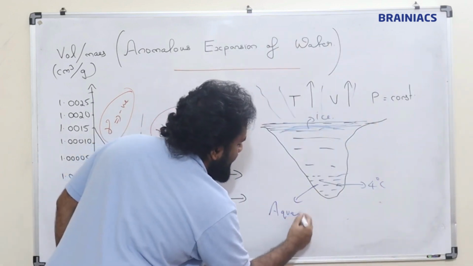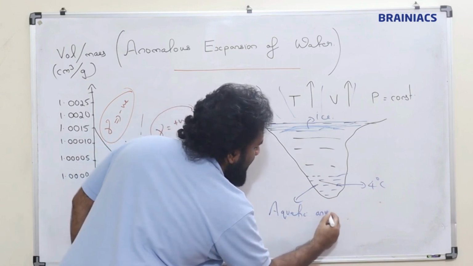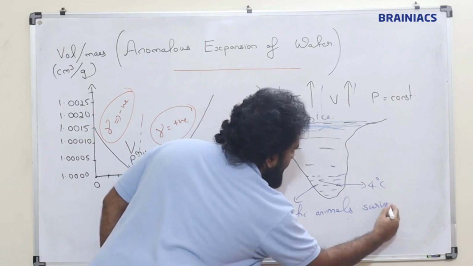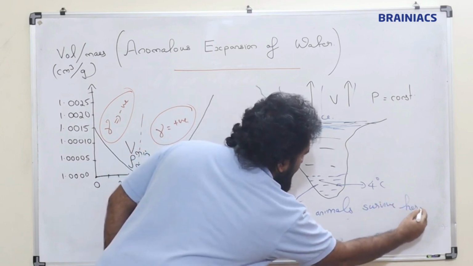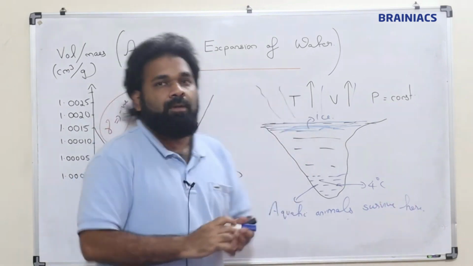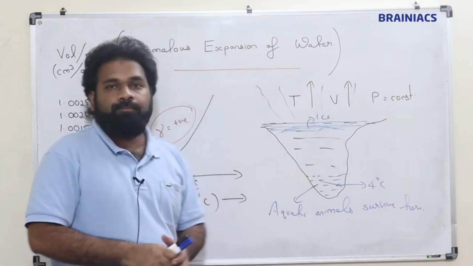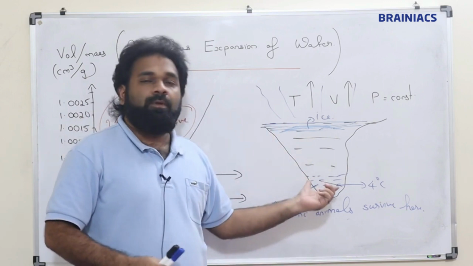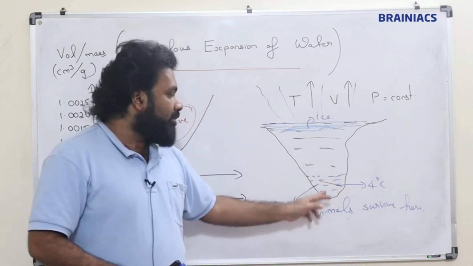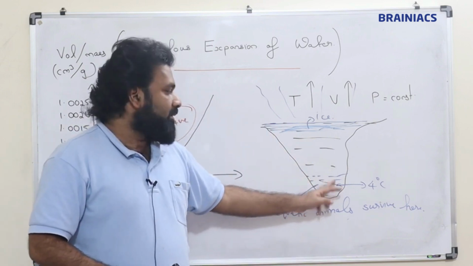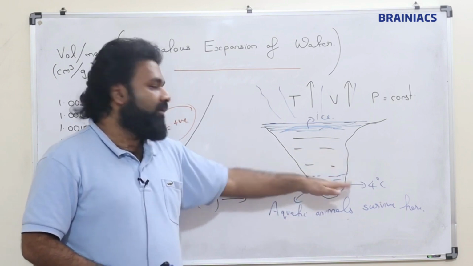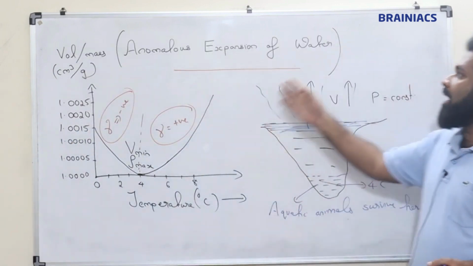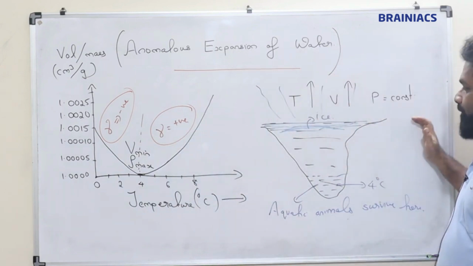Otherwise, everything would be frozen and animals could not survive. So animals can survive at the bottom of the lake where water will be present. So this is about the anomalous expansion of water.